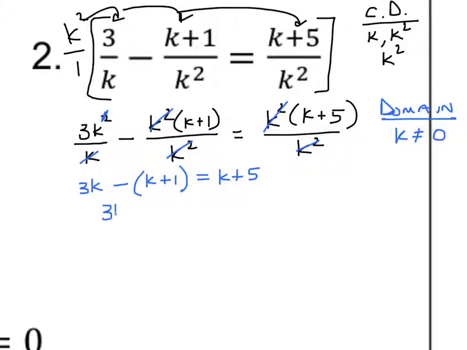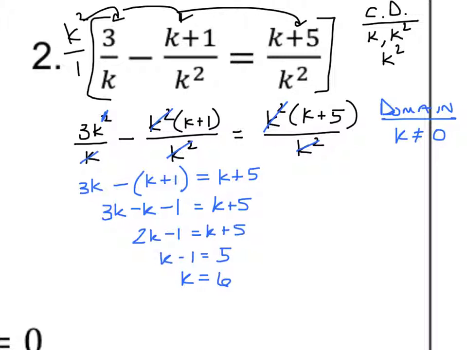So 3k minus k minus 1 equals k plus 5. Combine my like terms, 2k minus 1 equals k plus 5. If I subtract k, k minus 1 equals 5. And if I add 1, k is going to equal 6. Okay?